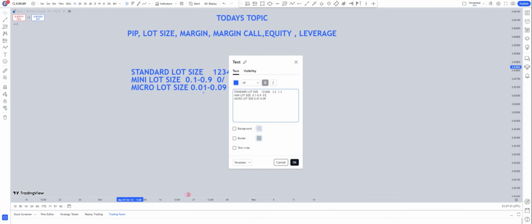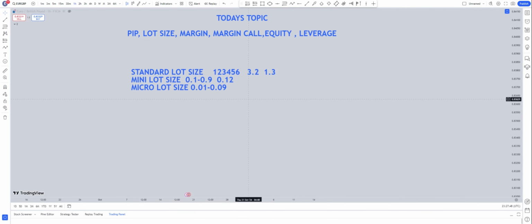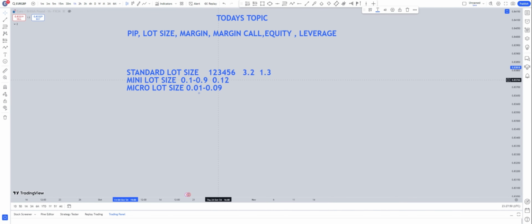For example, we might have something like 0.12. So this is still a mini lot.